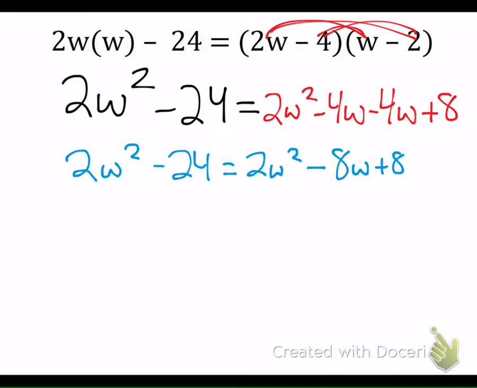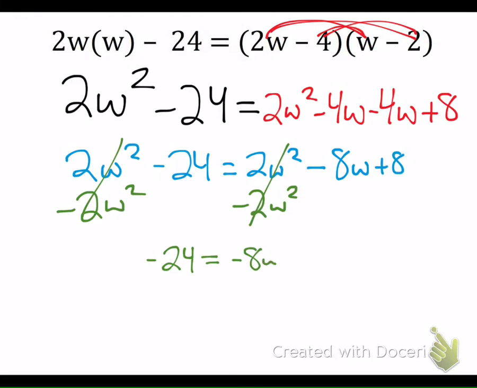When I collect my 2W squareds, what happens? They're gone. Don't drop the minus here. I see a lot of people do that when this term drops off. They kind of forget that something goes in front of the 24. Don't be that person, okay? This is a negative 24 and a negative 8W plus 8.